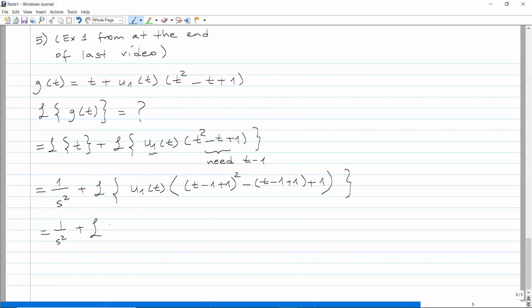And then I keep the t minus 1. So t minus 1 plus 1 squared. T minus 1 squared plus 2 times t minus 1 plus 1. And then again, separate minus t minus 1 minus 1, and then plus 1.